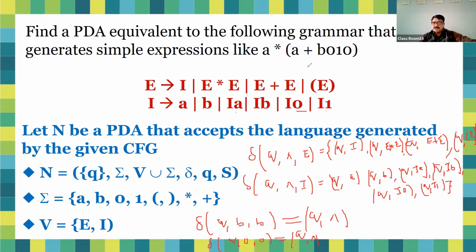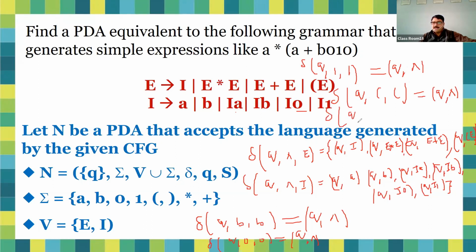Another one is Q with 1 and 1. Then we have to write for all the terminals in the same way, right? Other than this, Q with open bracket, and open bracket, then Q, comma null, because open bracket is treated as a terminal. And the last one is Q, comma close bracket, and close bracket.